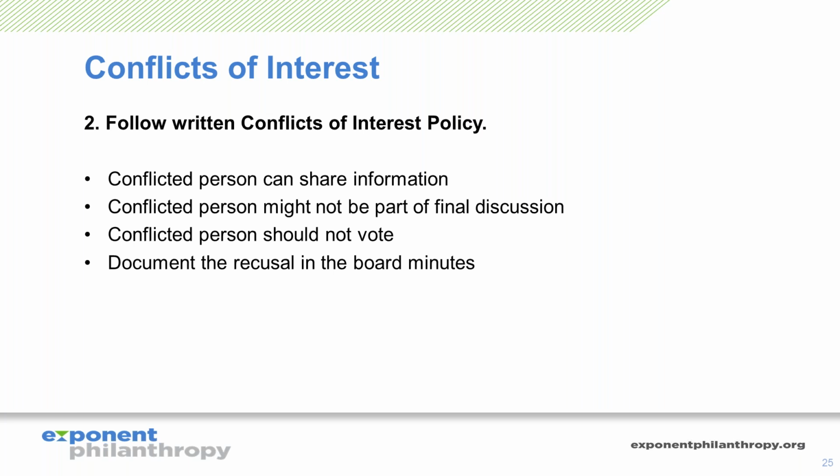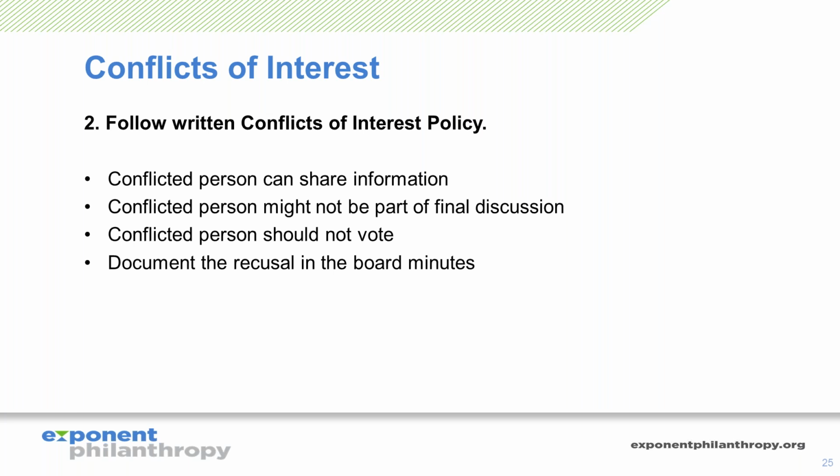So what are the steps? How does the conflict of interest policy help manage and resolve the issue? Well, so one is the disclosure. So the conflicted person shares the information. The conflicted person should be able to, again, provide information, but should not be part of the final discussion. So you should always have a part of the discussion that happens without this person being in the room.